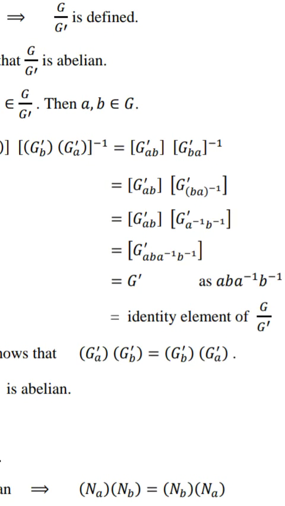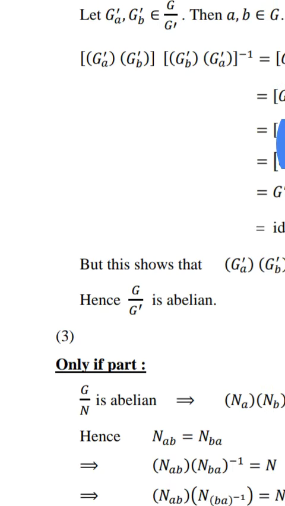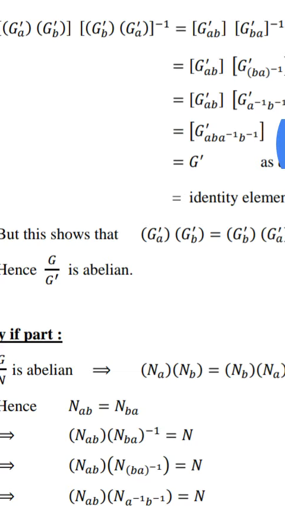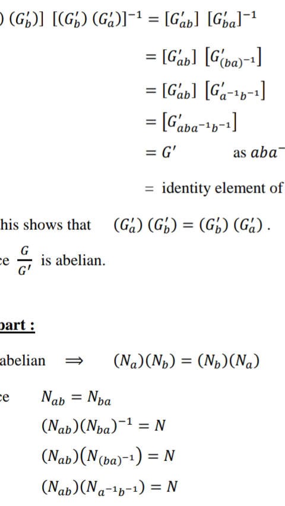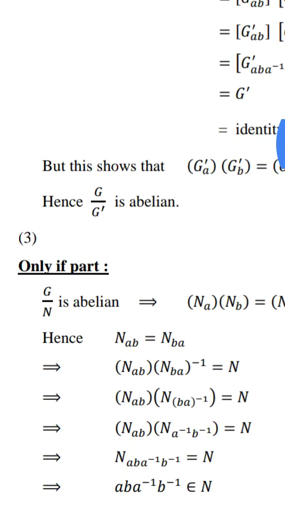Therefore this is the identity of G by G dash. But this shows that G dash a, G dash b is equal to G dash b, G dash a. Therefore, G by G dash is abelian.